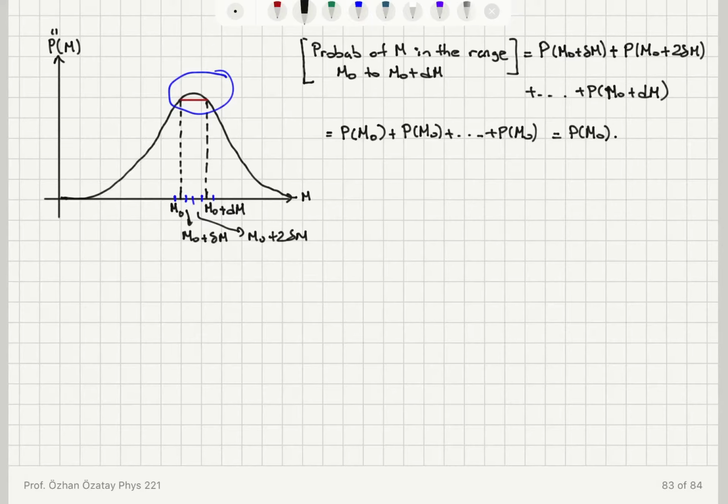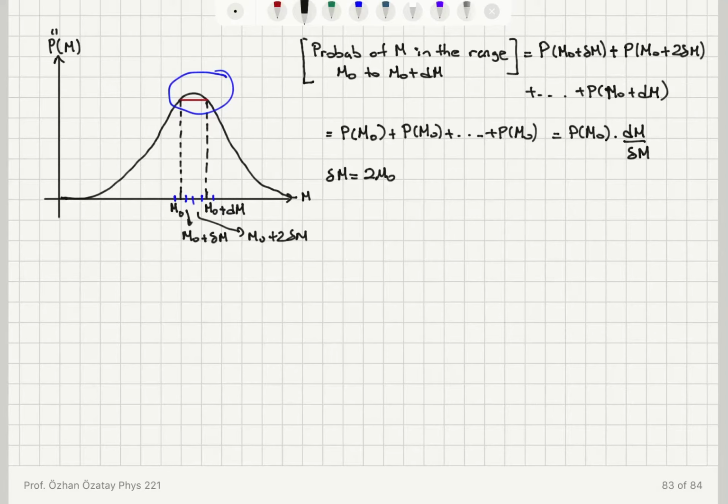And what is the possible number of m values in this range? dm divided by delta m, where delta m is the unit of discreteness. So this delta m we have found to be 2 mu 0. So basically that's going to be the answer.